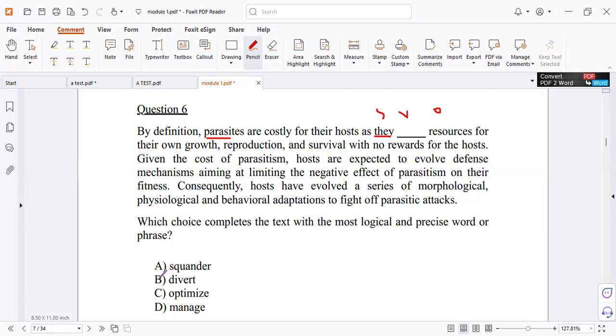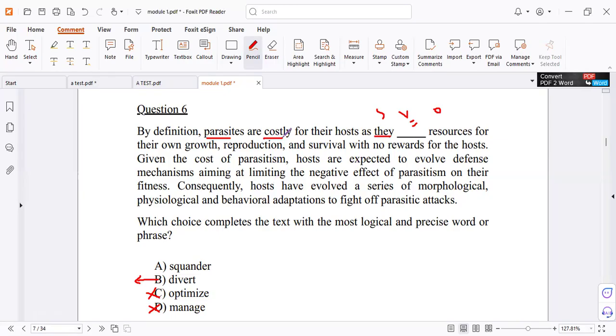So just like when you divert, of course, here the feeling of the word is negative. So not optimized, not managed, because managed means they share the resources. But no, they are costly. When parasites come to the environment, they use the food and everything of the hosts and cause the host to die.